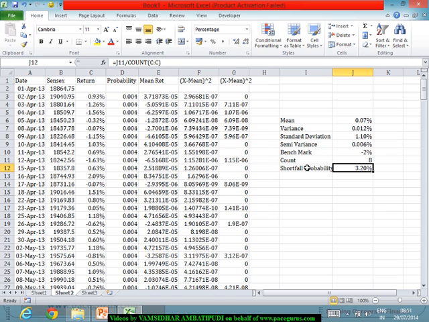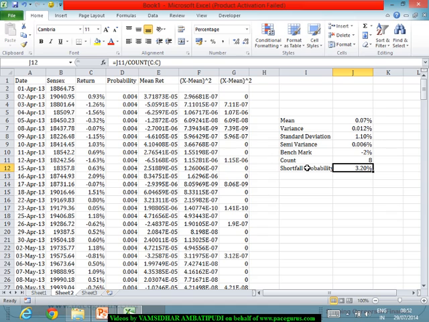The benchmark I have set is that it can't fall below minus 2%, so I am observing the probability that a particular value has fallen below the benchmark.